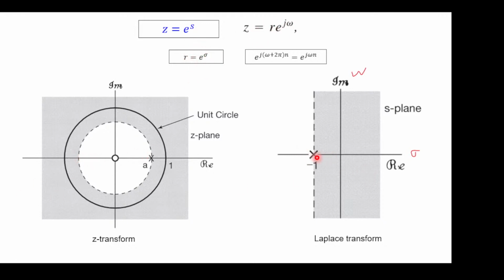So when you take sigma to plus infinity, then your r is going to be plus infinity. So you go to plus infinity. And also if you take sigma to negative infinity, then r actually becomes 0. So negative infinity is mapped to this origin here. So that's quite interesting. And so the plus infinity and negative infinity are actually going to be two different points.